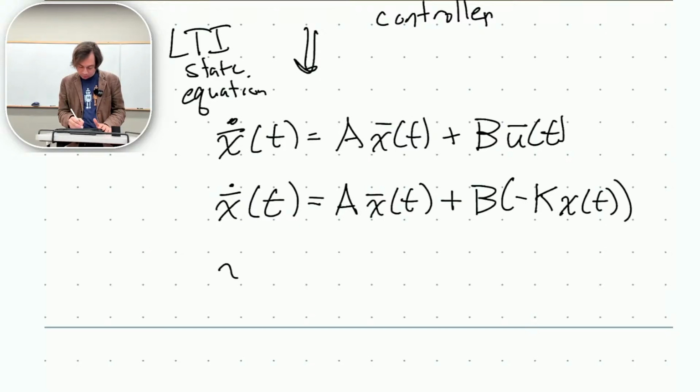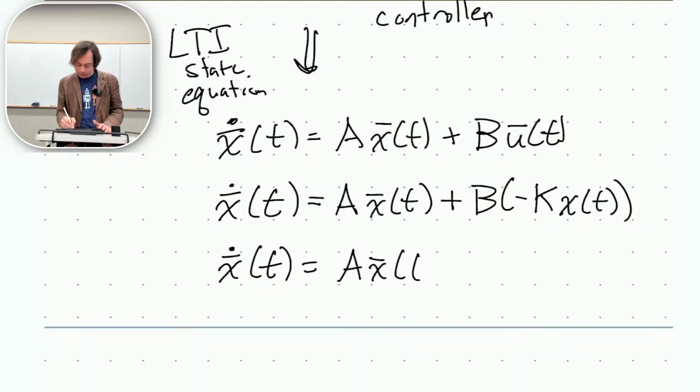Now, using the rules of linear algebra, I'll make a slight change. I'll say Ax of t is equal to Ax of t, and I will take this minus sign and move it out front. It's just a -1 constant times everything. Now, matrix multiplication. You cannot just arbitrarily switch the order of matrix multiplication.